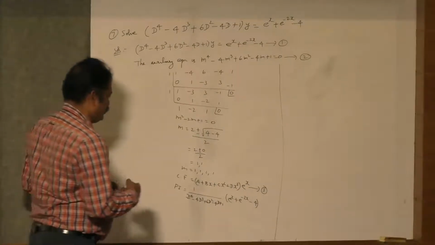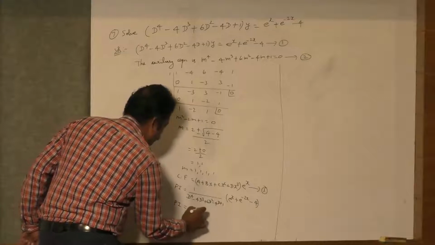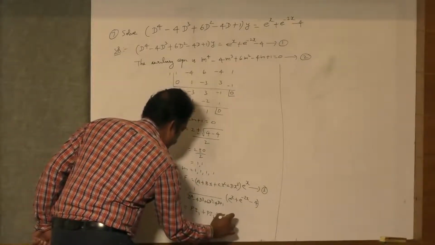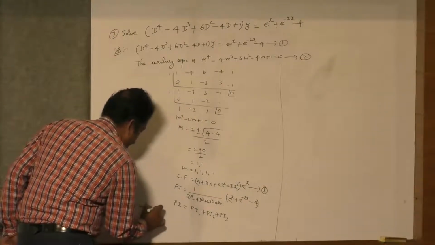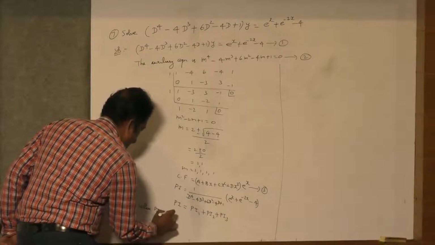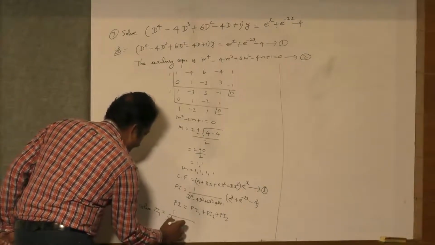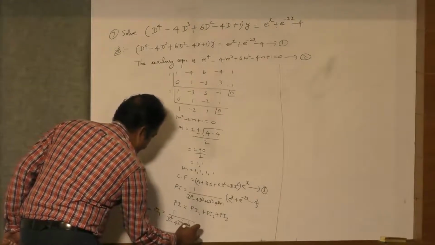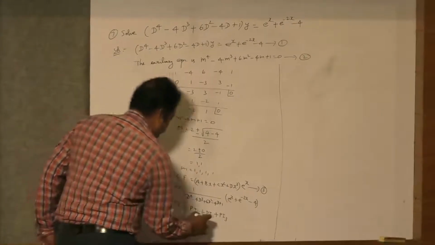This can be written as PI equals PI1 plus PI2 plus PI3, where PI1 is equal to 1 divided by d power 4 minus 4d cube plus 6d square minus 4d plus 1 into e power x.